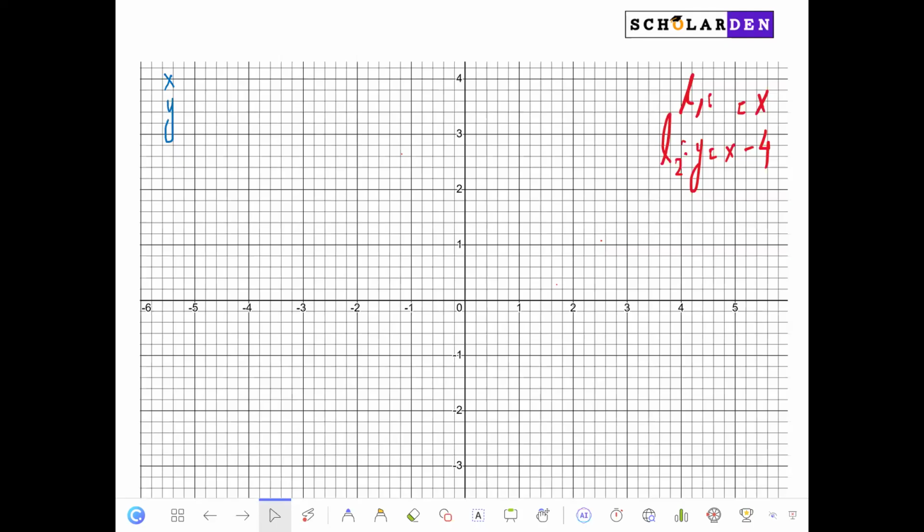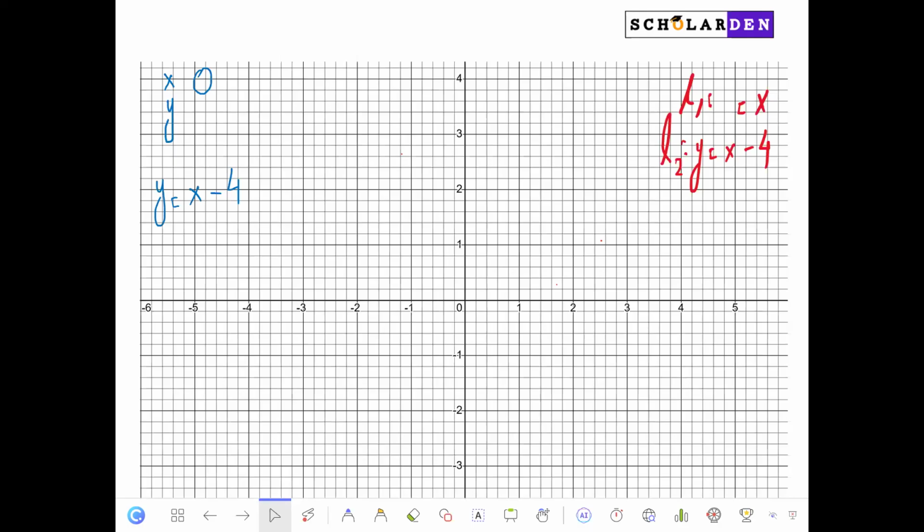For example, if we say that the value of x is equal to 0, and we plug in this value, I'm just going to write the equation of the line over here again for clarity's sake. What is going to be the value of y if the value of x is 0? We plug in x is equal to 0 in this equation.